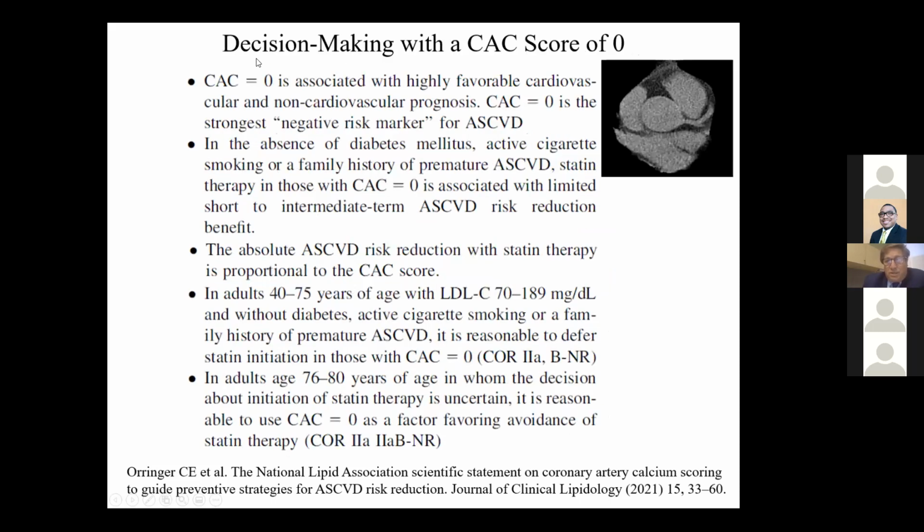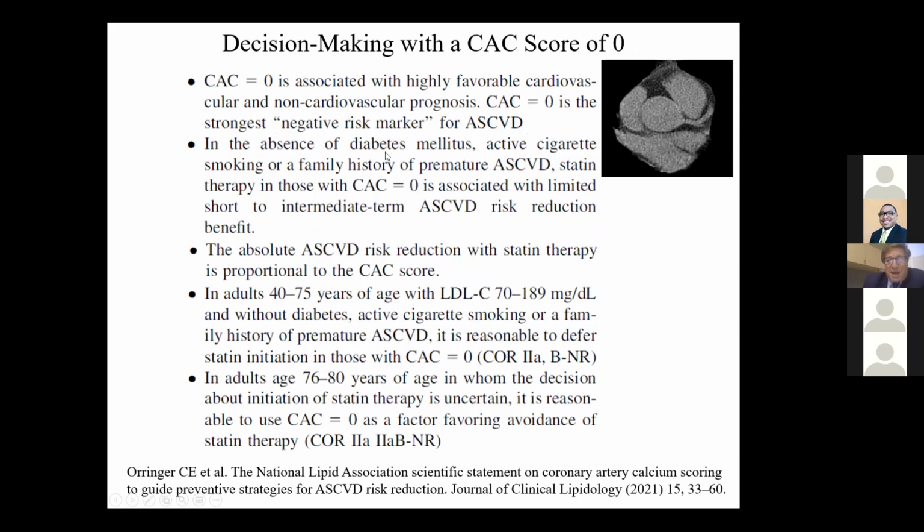So the two big divides in the road we said are calcium score of 0 and those greater than 1,000. If the calcium score is 0, it's associated with highly favorable cardiovascular and non-cardiovascular prognosis. It's the strongest negative risk marker.